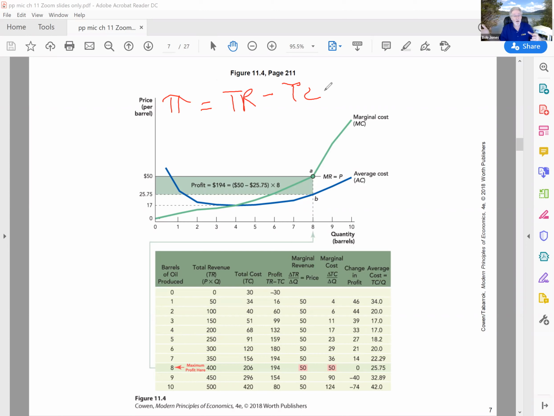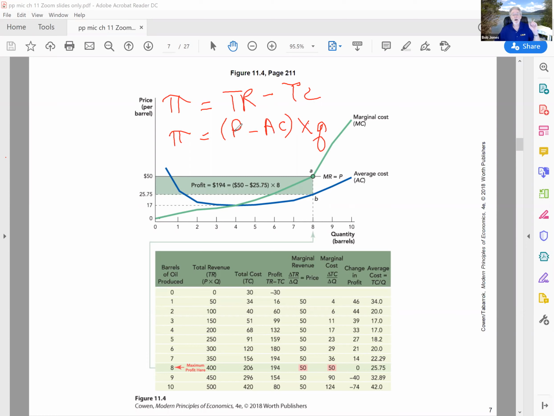The revenue is the dollars coming in. Total cost is the cost that the firm incurs because of operating its company. So it's what's left over. It's the residual. And we said we can also write profit as being the difference between price and average cost times the quantity.